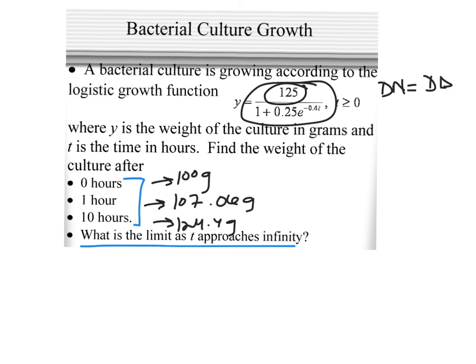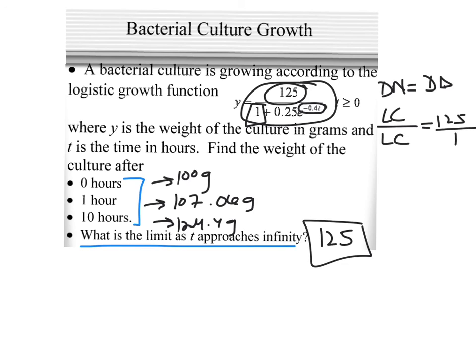The highest degree on the bottom, notice this is a negative, is actually still 0 because the 1 is times t to the negative power. So the degrees are both 0 in this case. You divide the leading coefficients of both, and the leading coefficient of your numerator is 125 and 1 on the bottom. So you approach 125. That means that's the max weight you can get. If you graph it in a graphing calculator, it's another way for you to verify that that is the case.